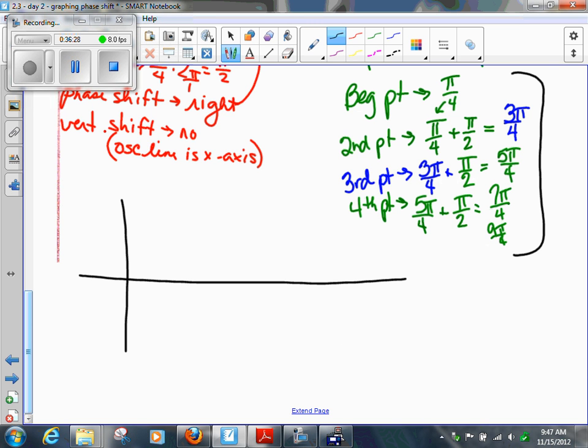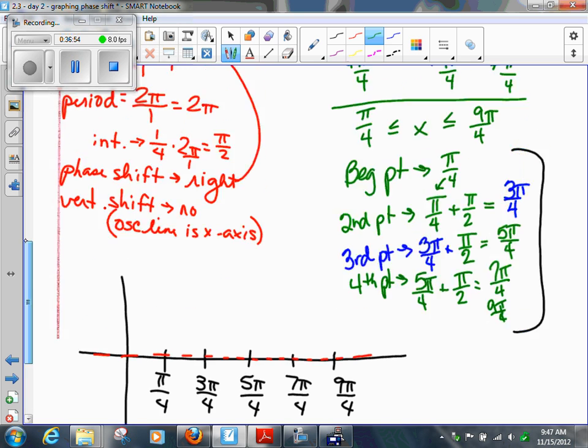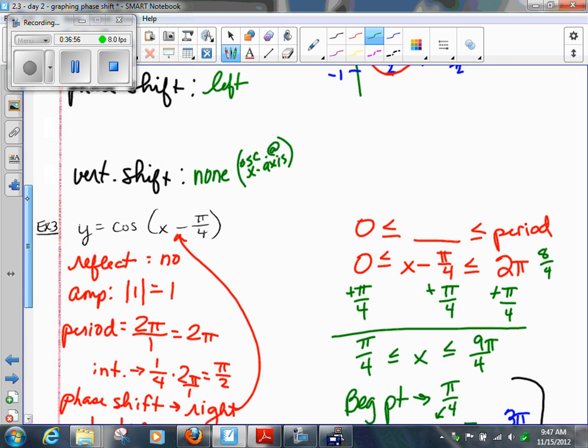All right, so where do we start? Pi over 4. 3 pi over 4. 5 pi over 4. 7 and 9. Oscillation line was the x-axis. There it is. What was the amplitude? 1, and it's cosine.